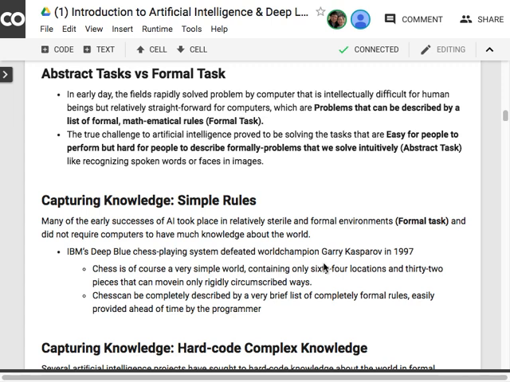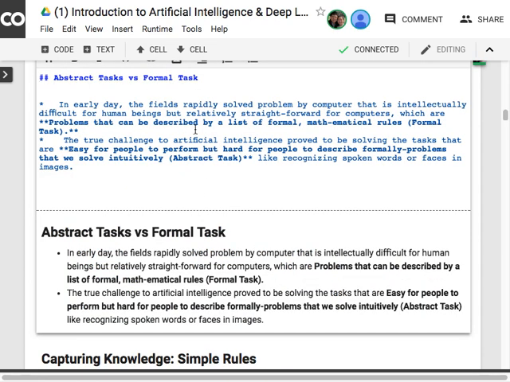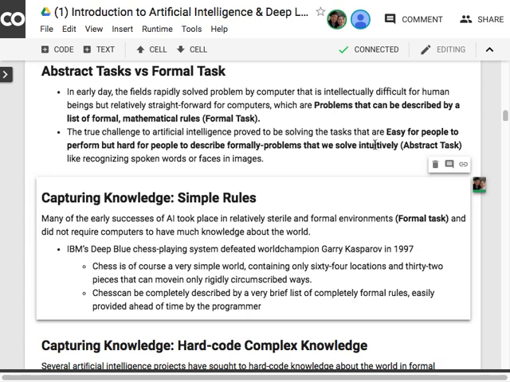In the early days, computers were very good at formal tasks. They are very good at solving problems that can be described by a list of formal mathematical rules.